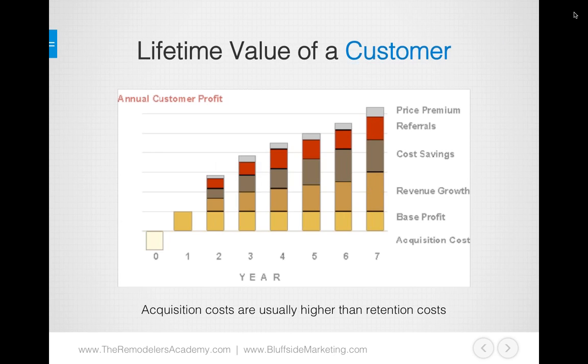So it's really important that you not only keep customers and you know what you can spend to acquire them, but you want to get that lifetime value as high as you can, that transactional value as high as you can, because then the higher the transactional value, the higher that lifetime value, the more you can spend on marketing. And the more you can spend on marketing, oftentimes the more money you're going to generate and the more you're going to dominate your market.